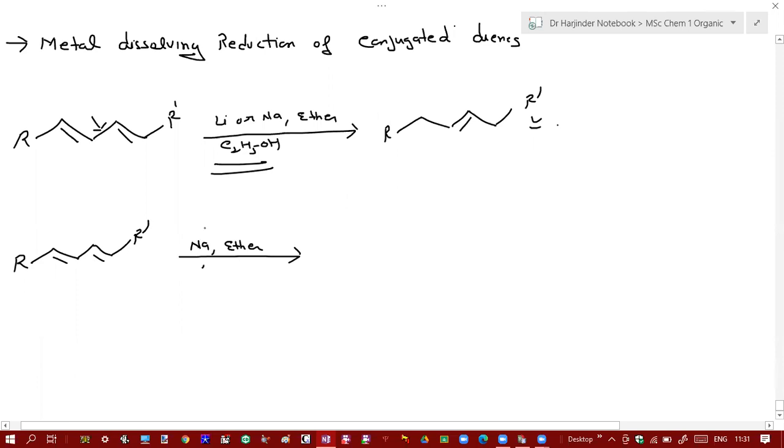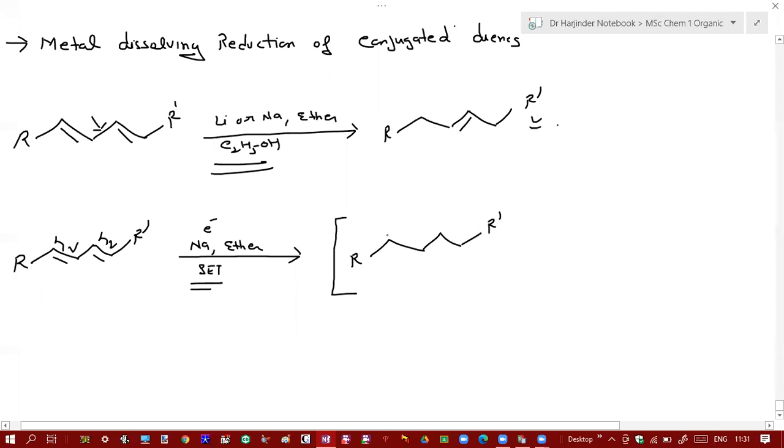Again by electron transfer. So what will happen? This double bond and this double bond both will undergo homolytic bond cleavage. I am writing just an intermediate here when they undergo homolytic bond cleavage, and later on I will show the transfer of electron.